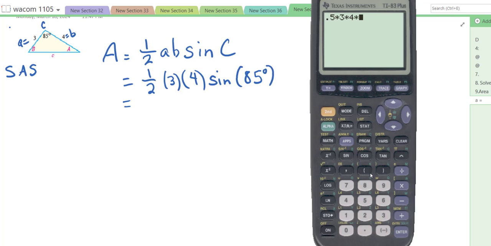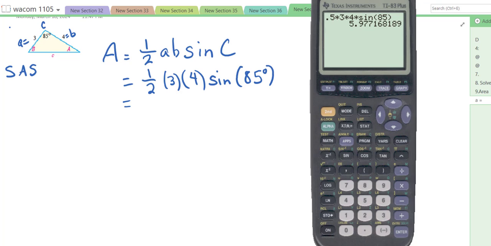times the sine of 85, close, enter. And this says to do 2 decimal places, and so it is 5.98. And they tell you it is square units.